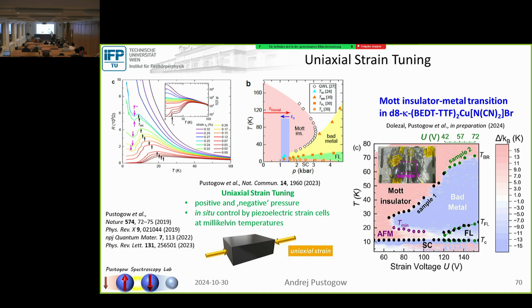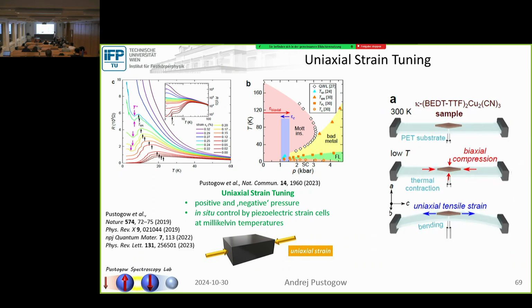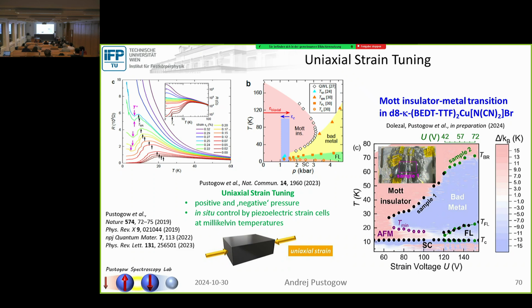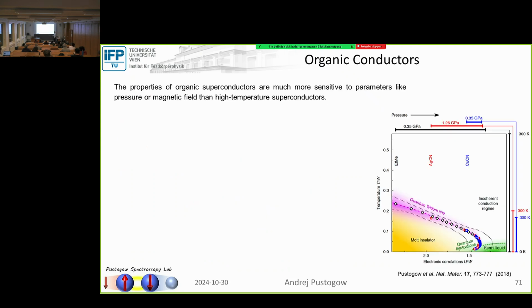So we have a Mott insulator, we have here the metal, and here this phase boundary, and we reproduce the same phase boundary, and we suppress the magnetism as in the pressure measurement. So this was done on a big sample, which is freestanding, whereas the previous measurement was done on a very thin sample on a substrate. Of course, on a substrate, you have other problems. But this is a technique which is very flexible, and here we showed that it works. Good.